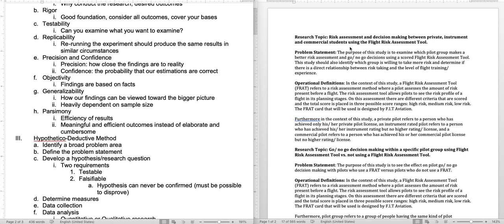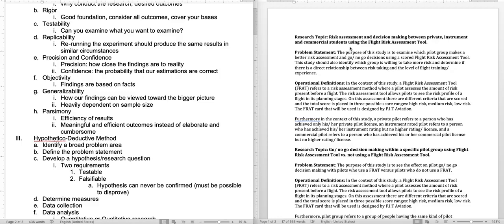I can't really say all private, but like the majority of private pilots, instrument pilots and commercial pilots will react this way because of this data? So how generalizable is your result? That's dependent on your sample size and on the population that you're looking at.